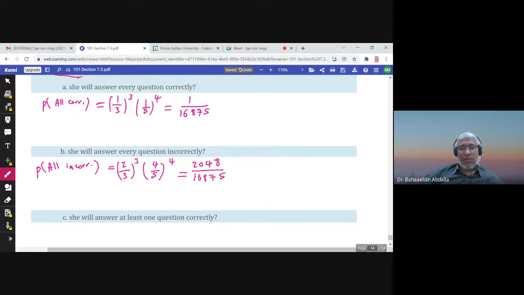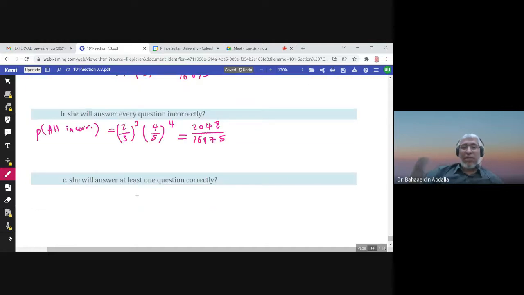Now, what is the probability that she will answer at least 1 correctly? At least 1 correct. Think of this. At least 1 correct means 1 correct or 2 or 3 or 4 or 5 or 6 or 7.